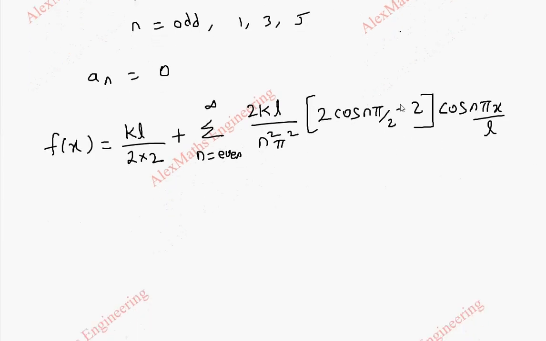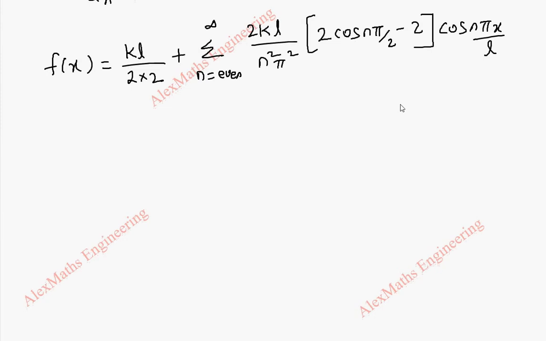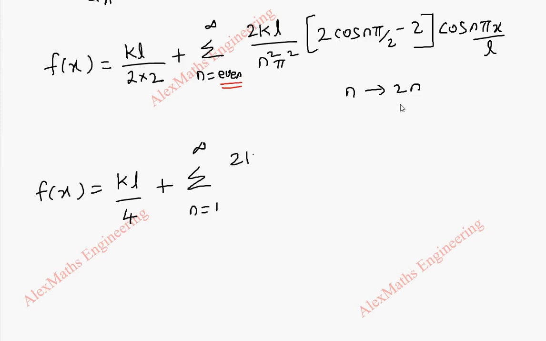Now to change this from even to infinity as 1 to infinity, n is replaced as 2n. So f of x will become kl by 4 plus, now summation from 1 to infinity, we have 2kl by 2n whole square into pi square.